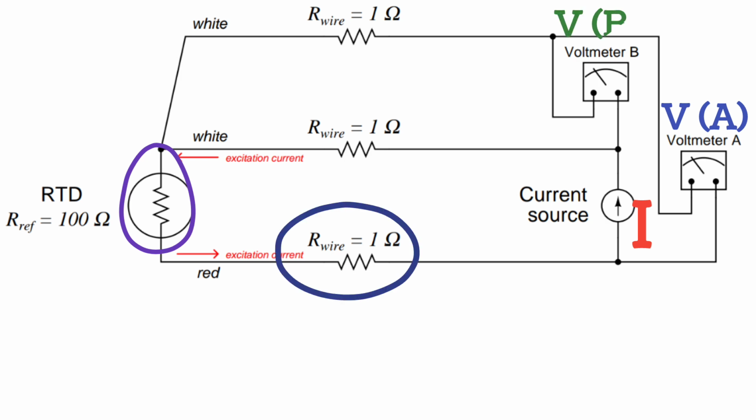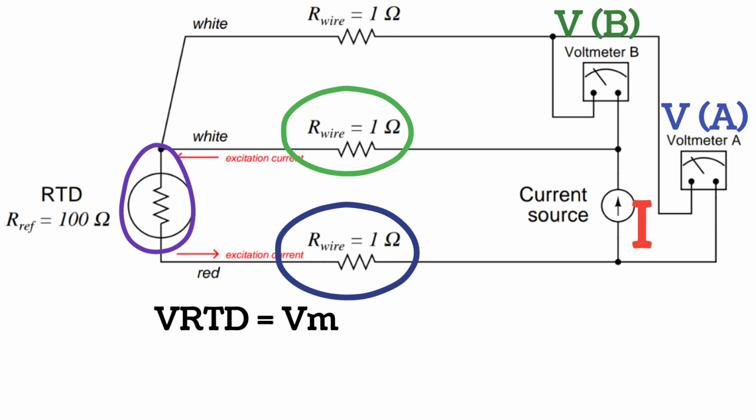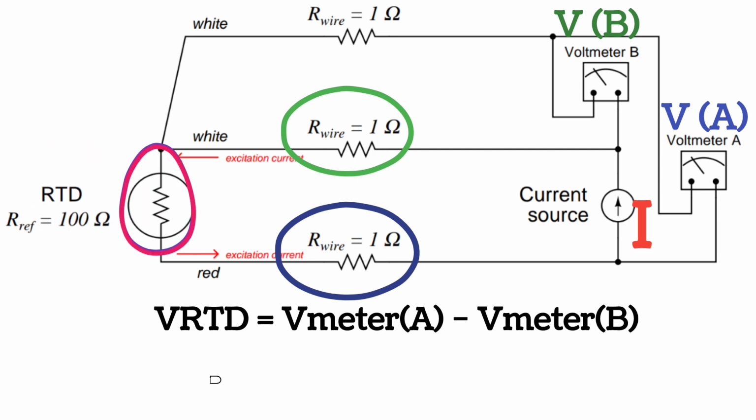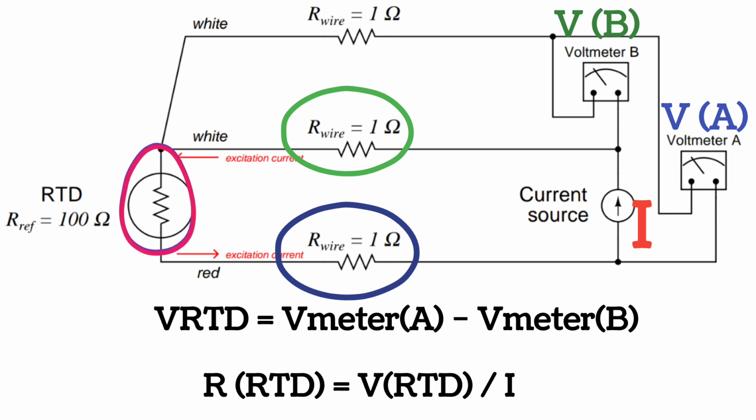Voltmeter B measures the voltage dropped across the top current carrying wire. Assuming both current carrying wires have the same resistance, subtracting the indication of voltmeter B from the indication given by voltmeter A gives the voltage dropped across the RTD. By using Ohm's law we can calculate the resistance of the RTD. This is the most preferred RTD among all.